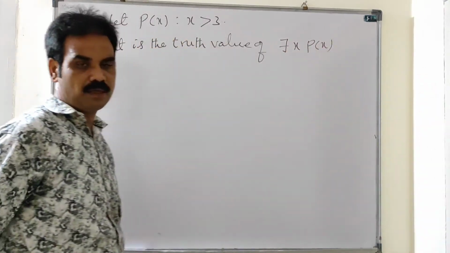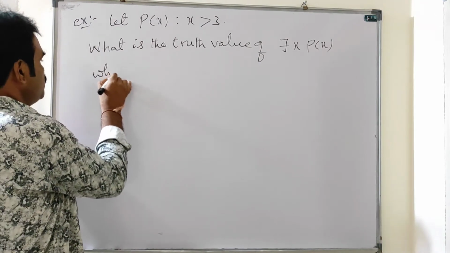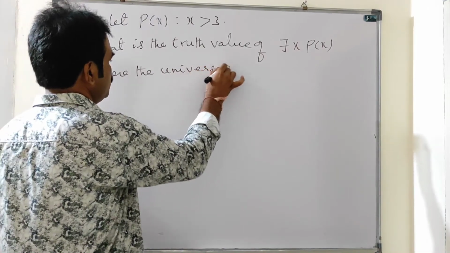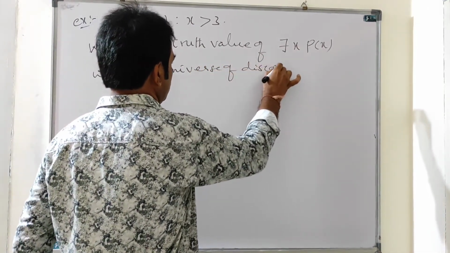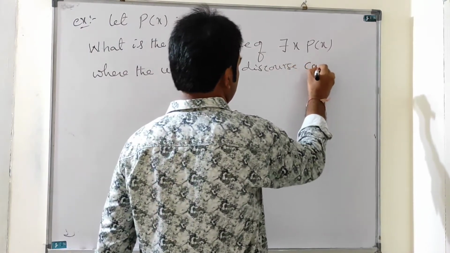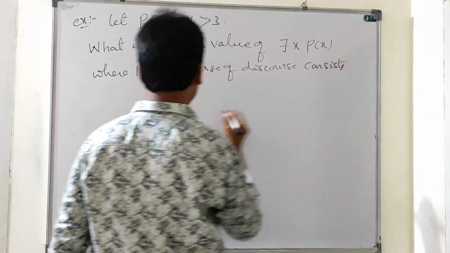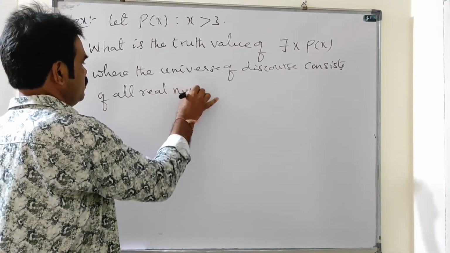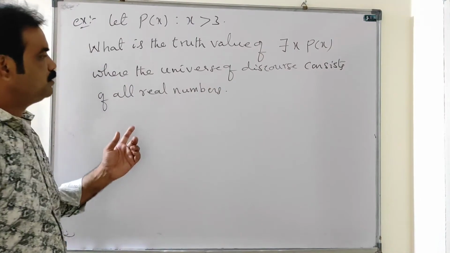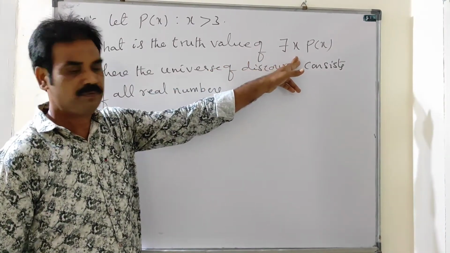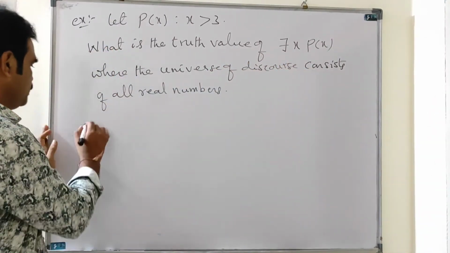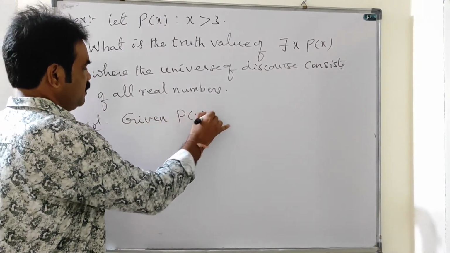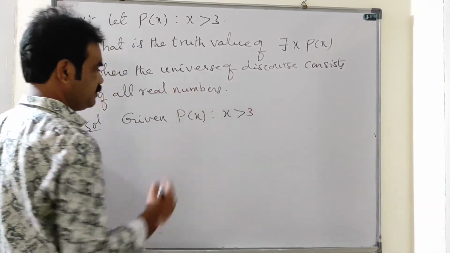That means this is the existential quantifier, where the universe of discourse consists of all real numbers. We have to find the truth value of the existential quantification there exists x P of x. So given P of x is the statement x greater than 3.